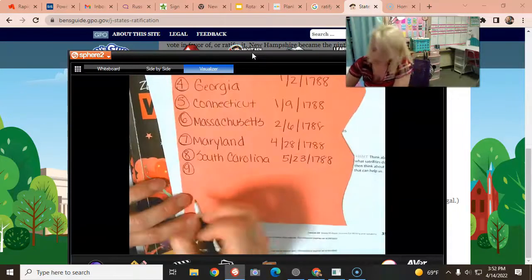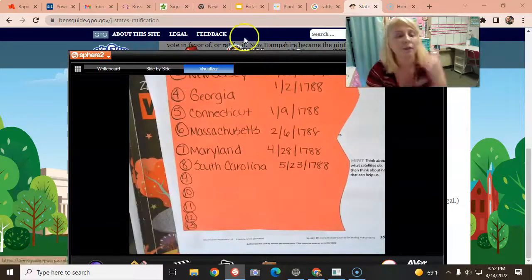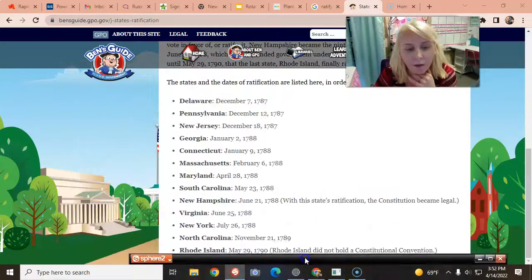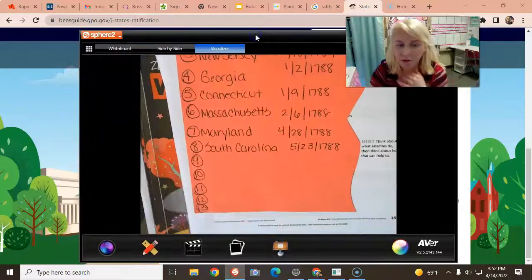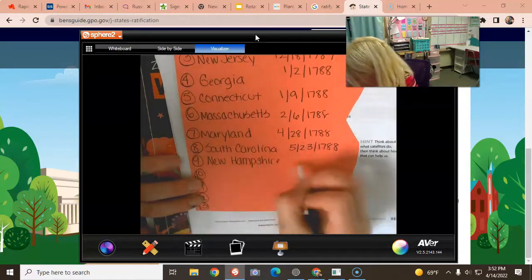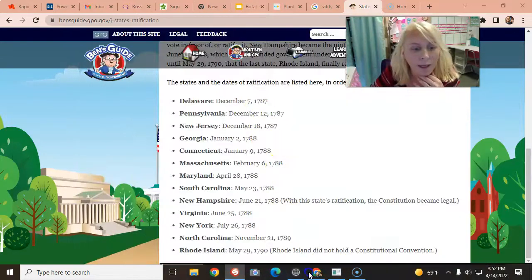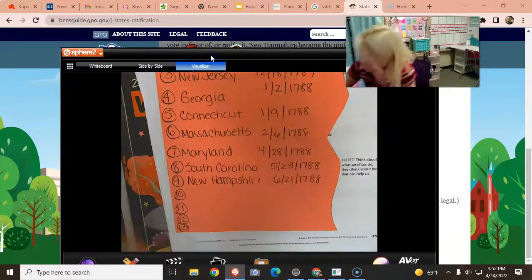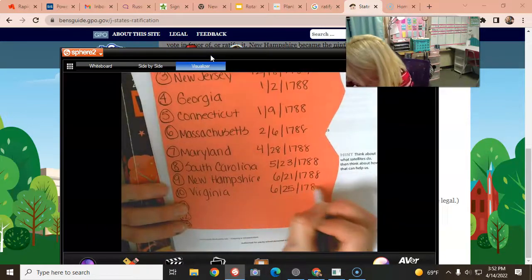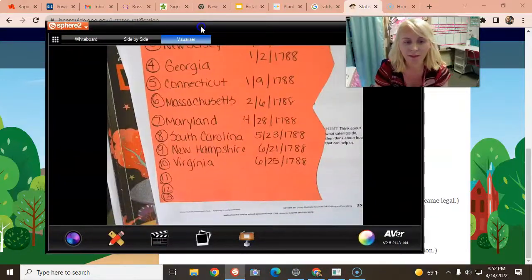Go ahead and number down: 9, 10, 11, 12, and then 13. 9th was New Hampshire, June 21st. 10th place was Virginia, June 25th. And then New York, July 26th.